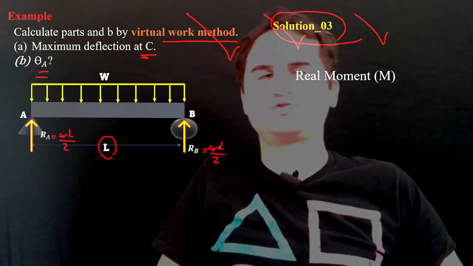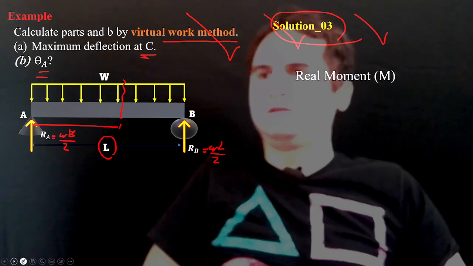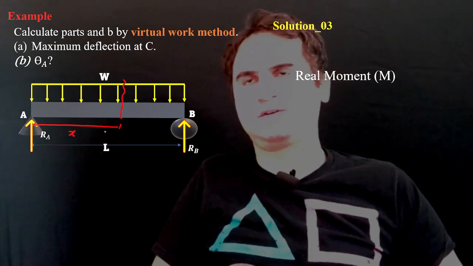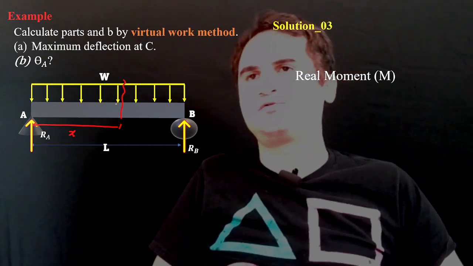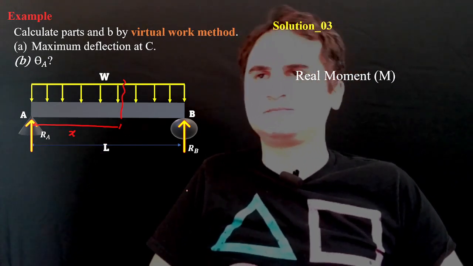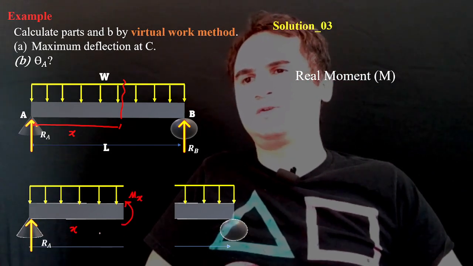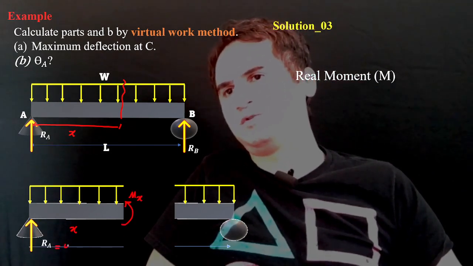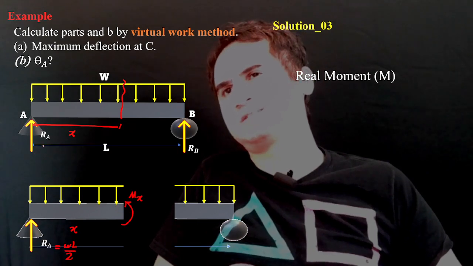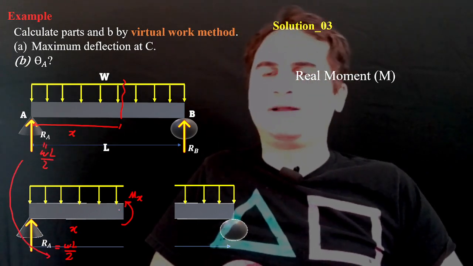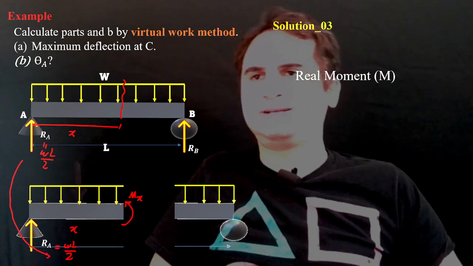WL over 2 goes to the second support at B as well. We just cut the beam at a length of x, and definitely you have RA, which is WL over 2, placed from the bottom here, and also Mx, there is a moment there.